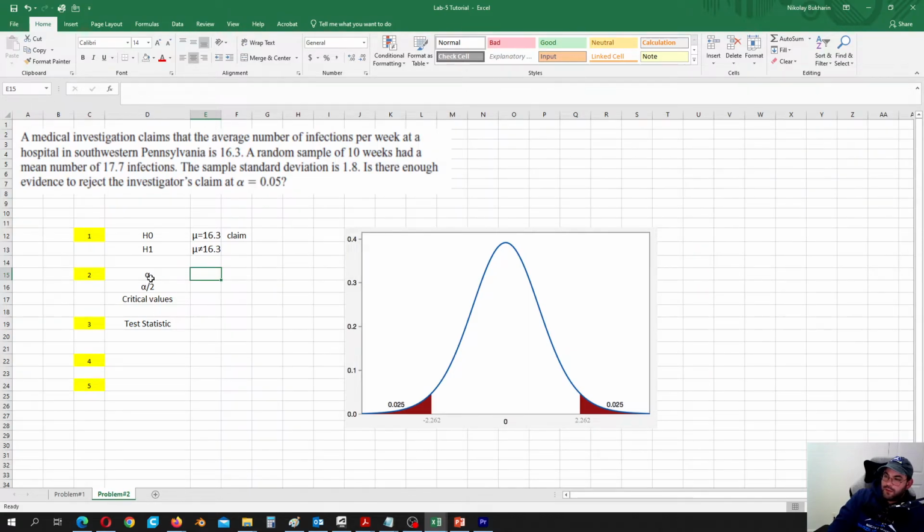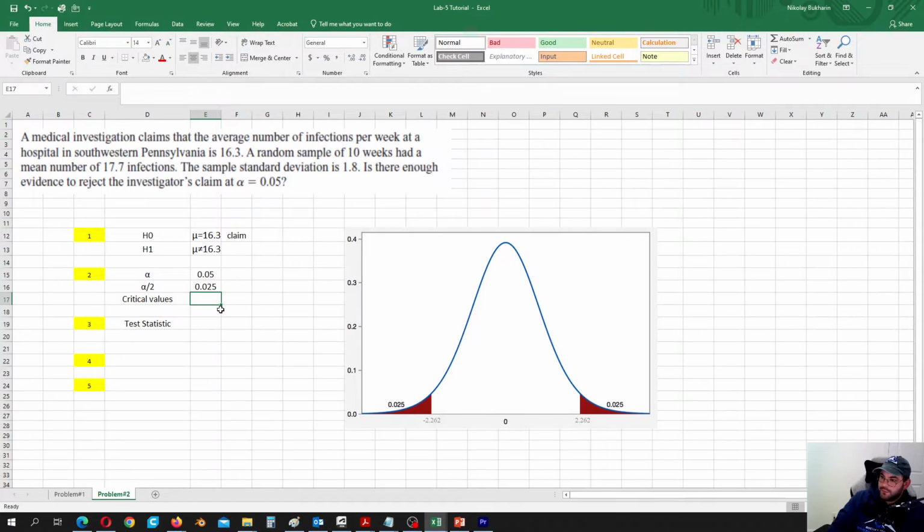Okay, so alpha in this case is equal to 0.05. Alpha over 2 is this divided by 2, so it's 0.025. So we split our significance into two tails. That is why we take significance and divide it by 2.